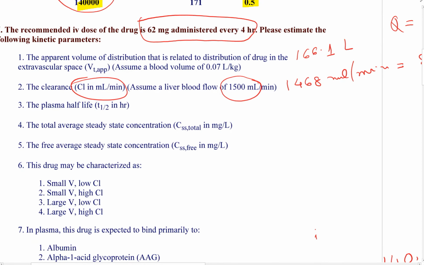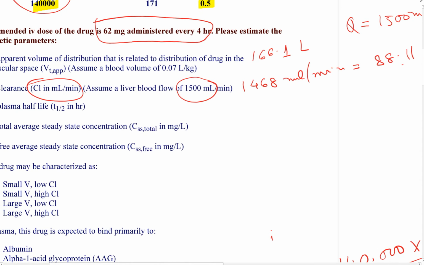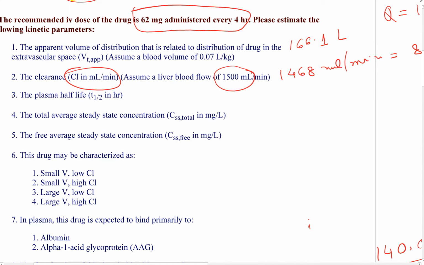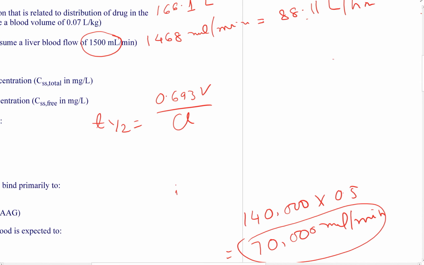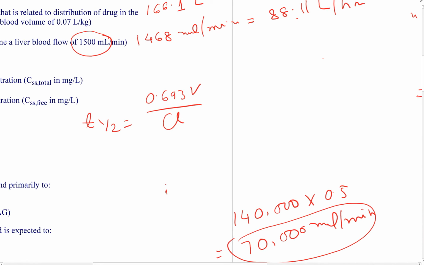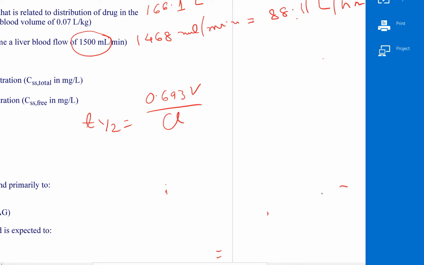Now we have to use those data to calculate the parameters, starting with plasma half-life. We have to calculate T half: 0.693 times V divided by CL.